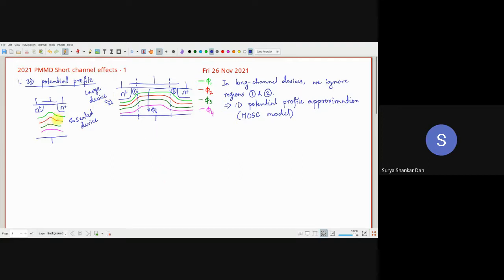So what we understand is that we cannot use the same approximation of 1D potential profile in the case of scaled devices. So in the scaled devices, the Poisson equation becomes 2D.